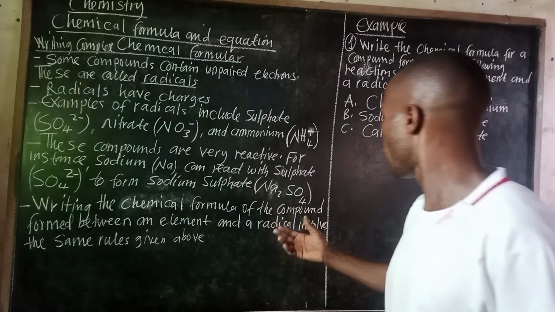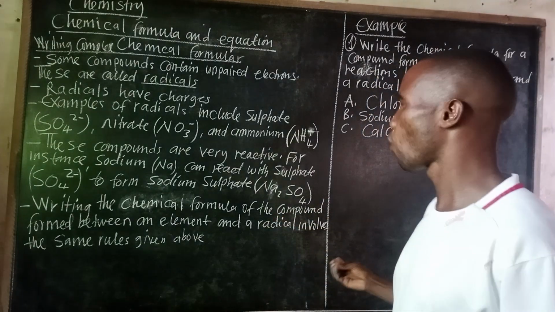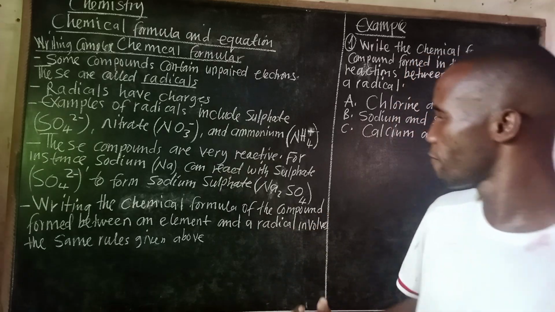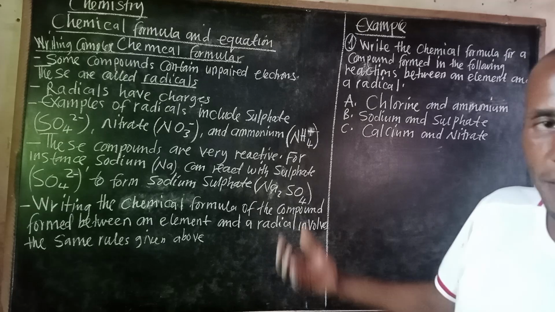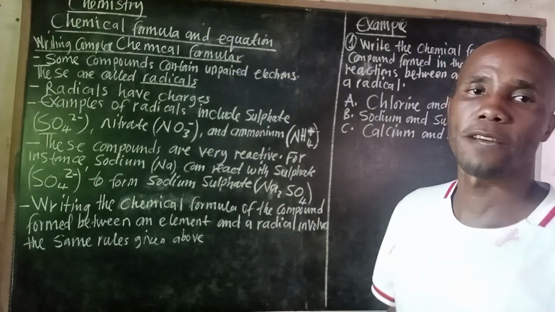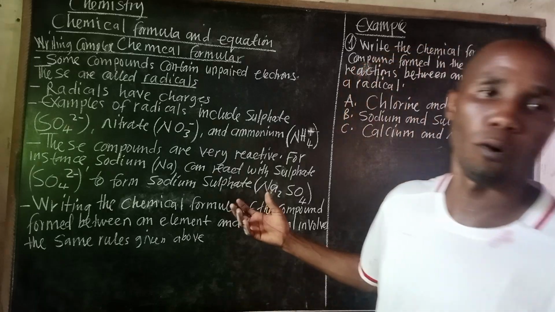Writing the chemical formula for the compound formed between an element and a radical involves the same rules given above, meaning the same rules that I ran you through in the previous lesson. You use the same rule to come up with the chemical formula.